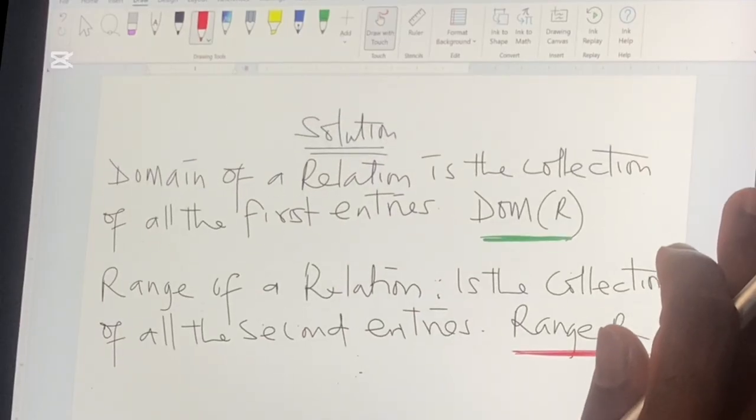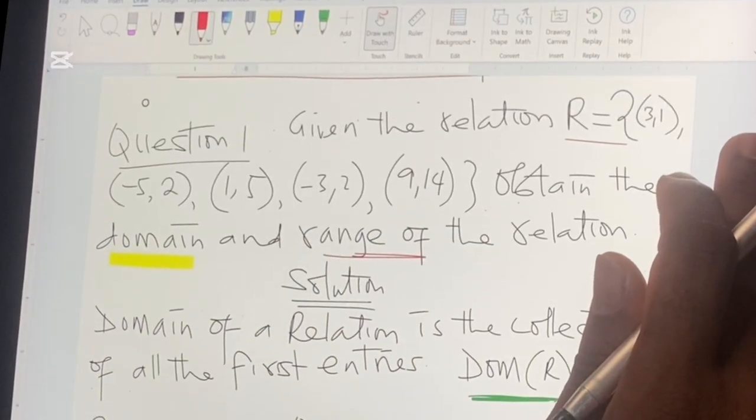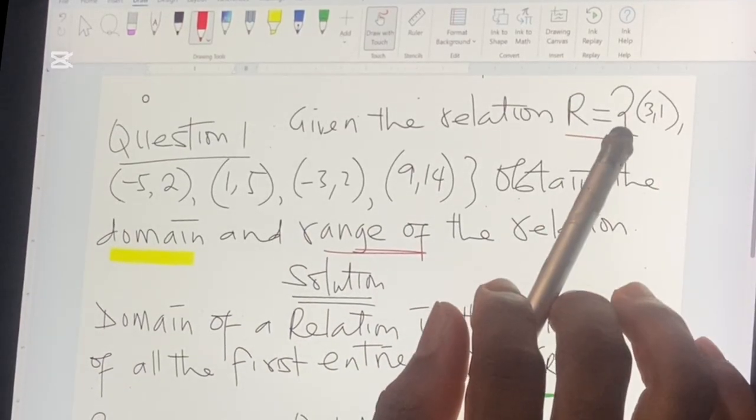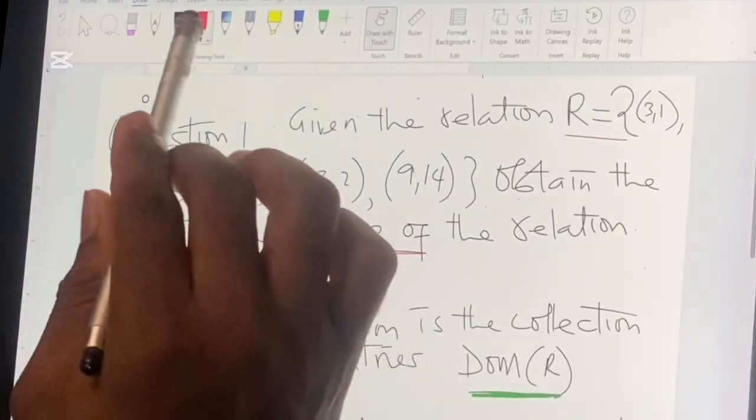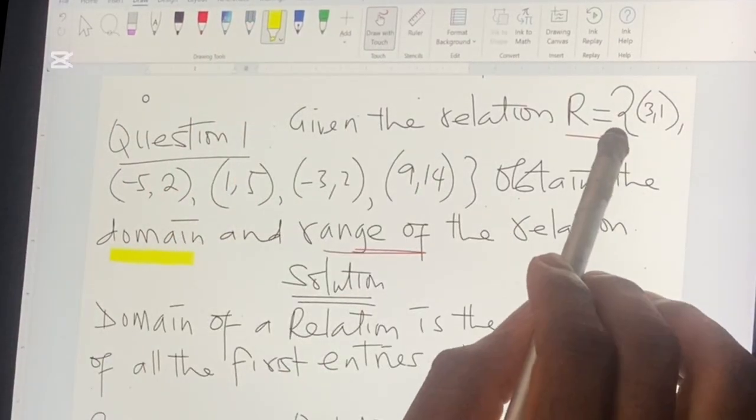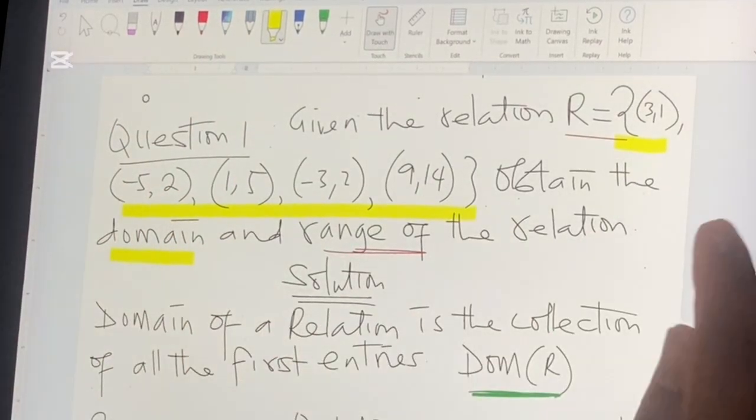We are given a question here, class. They said, given the relation R equal to, this is the relation given to us. Let's write it down.